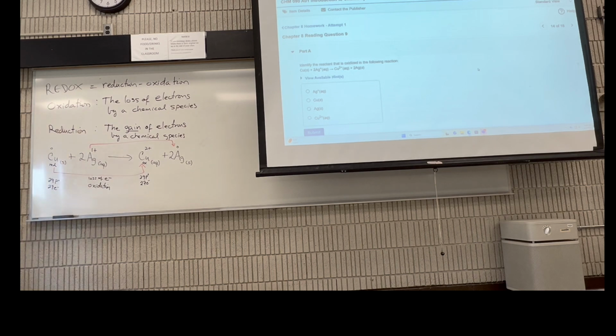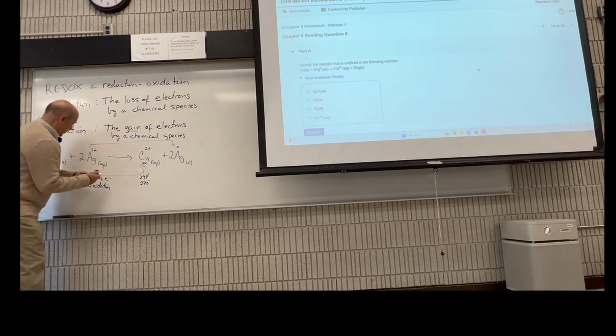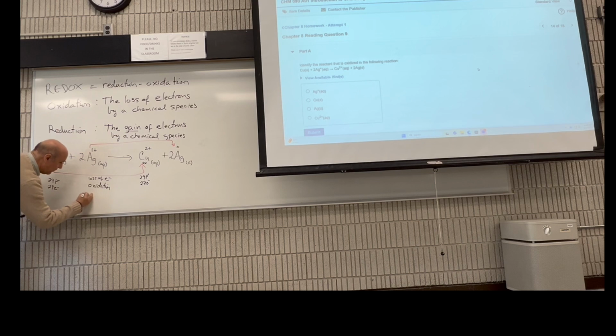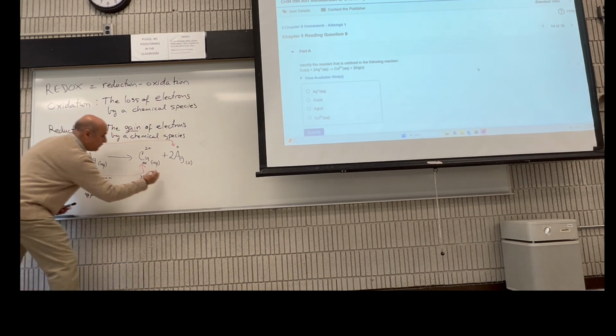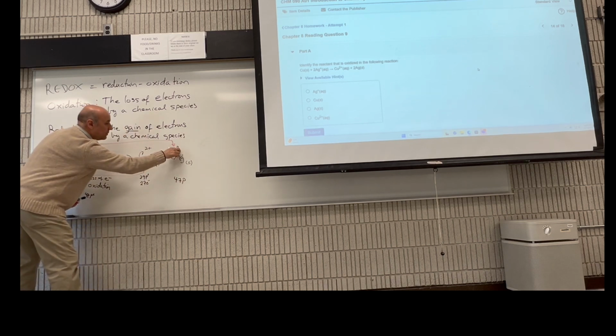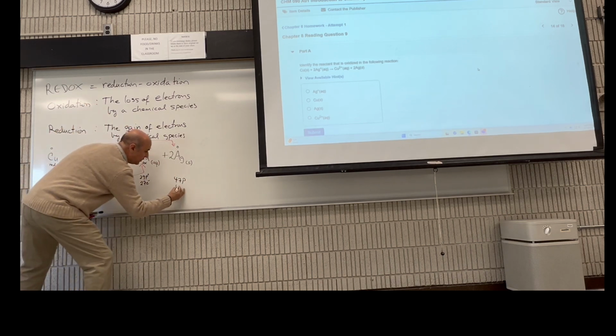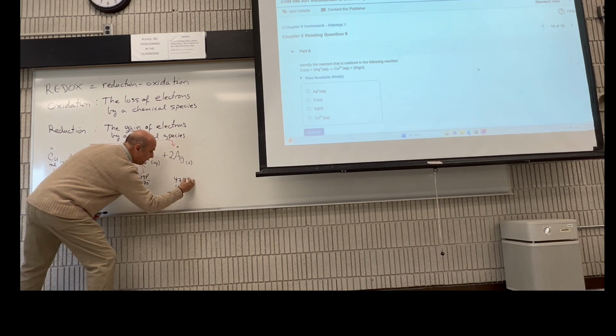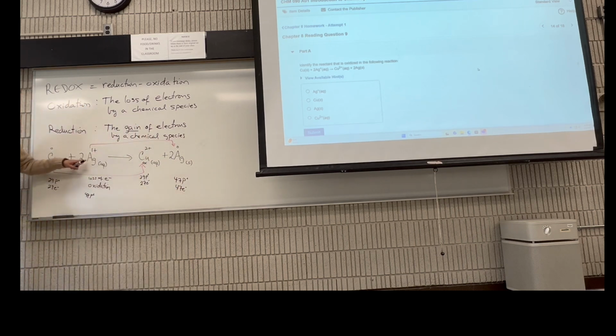Silver in the periodic table, see if I can find it, Ag. Okay, 47. So silver has 47 protons. 47 protons. And in the case of silver with a 0 charge, must have 47 electrons. To have a charge of +1, it must have 1 more proton than the number of electrons.